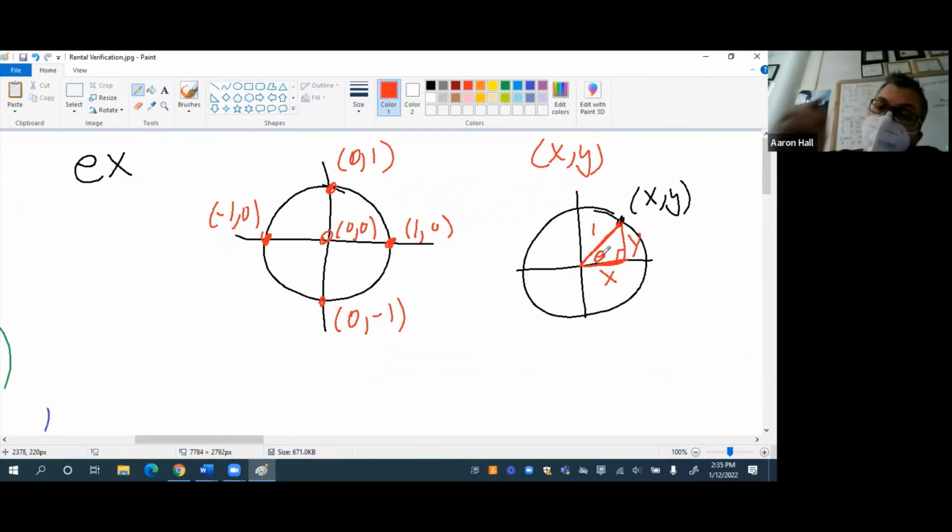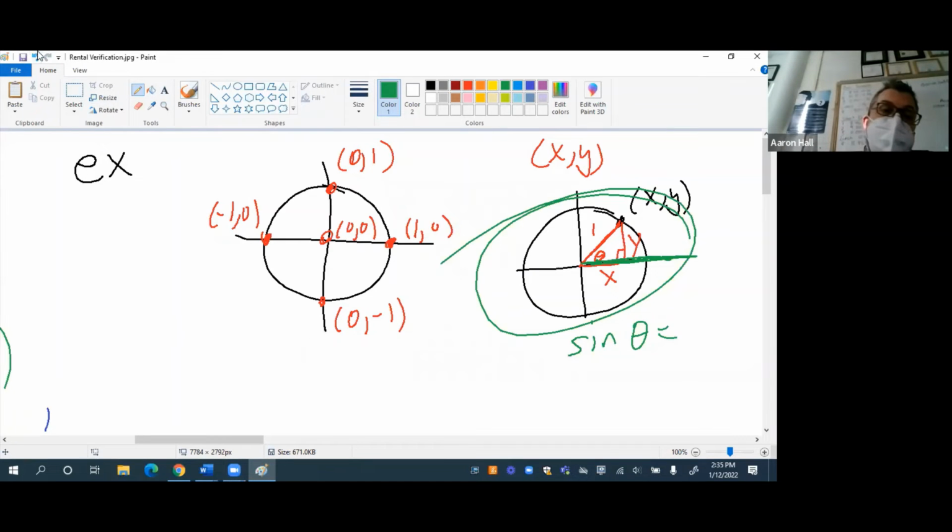In fact, for all conceptual understandings of trigonometry, we always start at the initial x-axis, and then for positive angles, we rotate around counterclockwise. For negative angles, we rotate the other way. Now, what would sine of theta be based upon this triangle here?